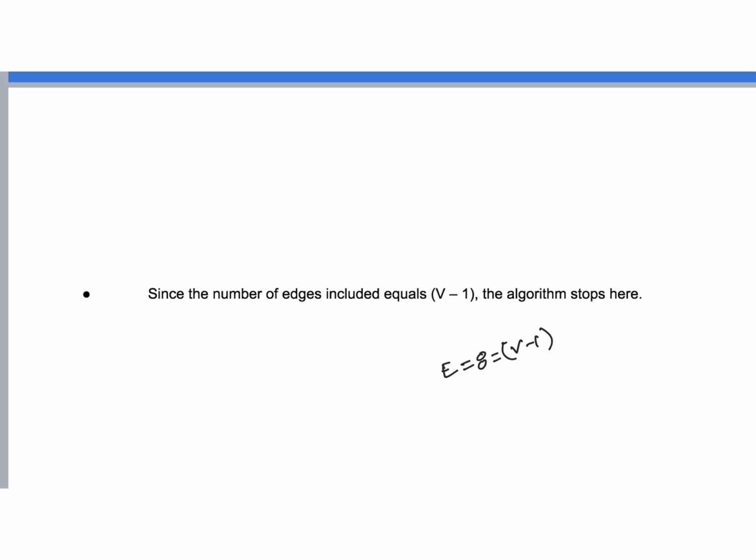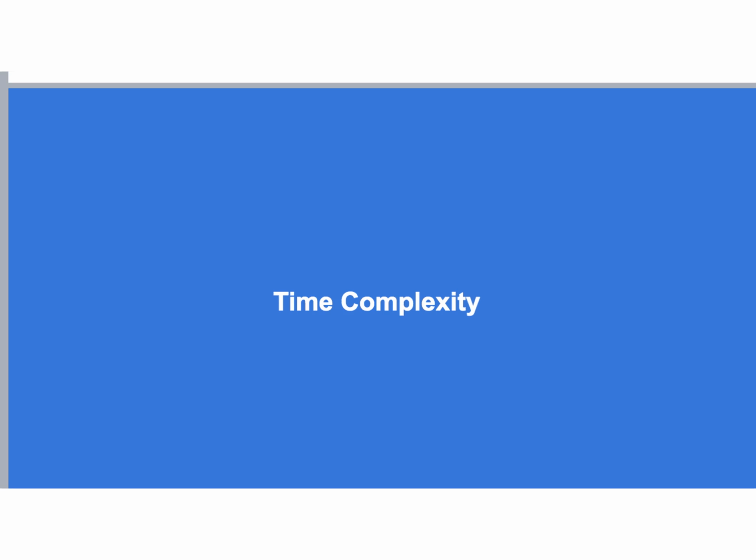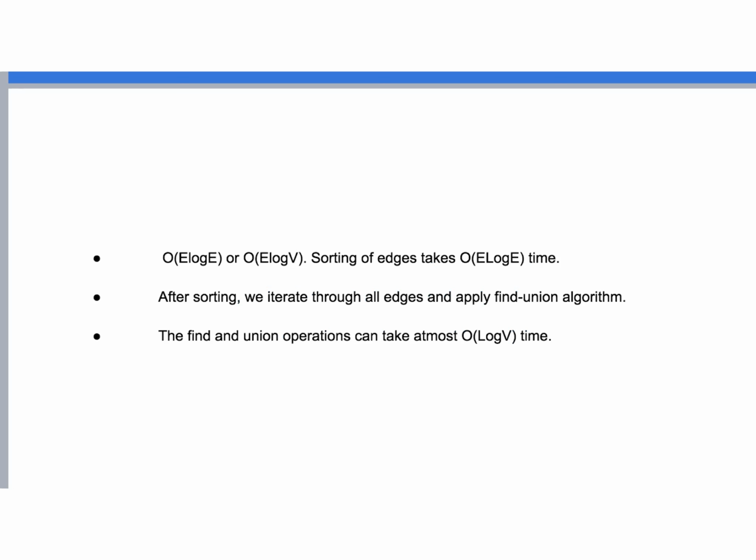Let's take a look at the time complexity of Kruskal's algorithm here. That's basically O of E log E, or O of E log V. The sorting of the edges takes E log E time. After sorting, we iterate through all the edges and apply the find and union operations.